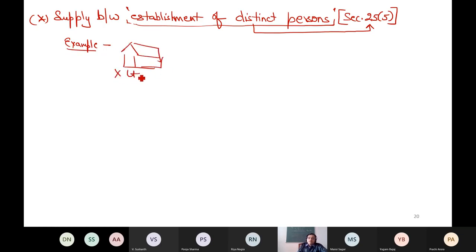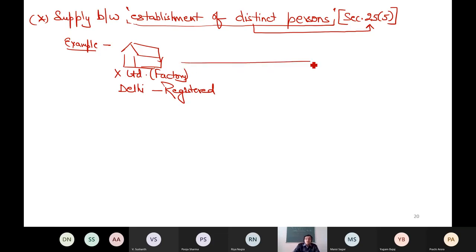X Limited factory in Delhi, registered. Another factory in Punjab.